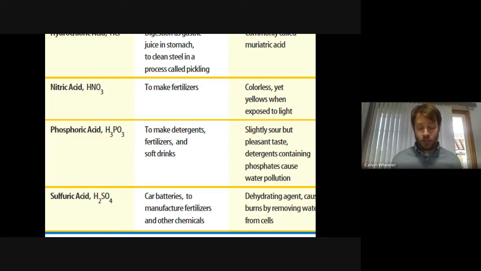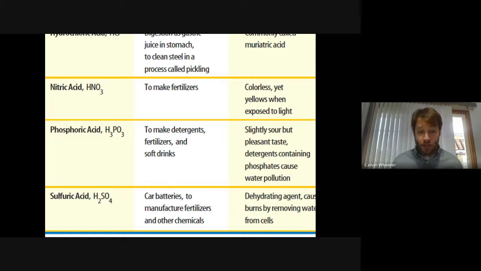It causes eutrophication, causes algae growth, which depletes dissolved oxygen levels and causes die-offs. So they try to limit its use to preserve aquatic ecosystems. Slightly sour but pleasant taste, used in sodas.